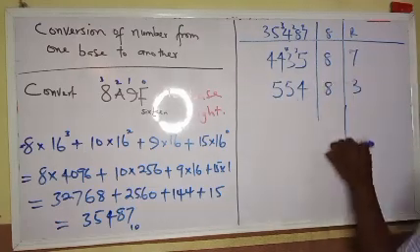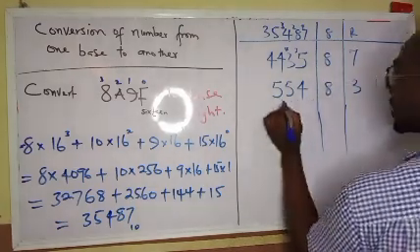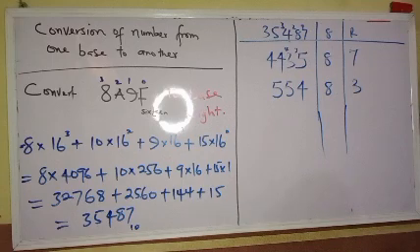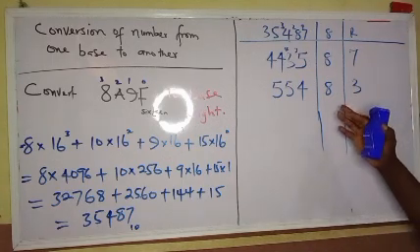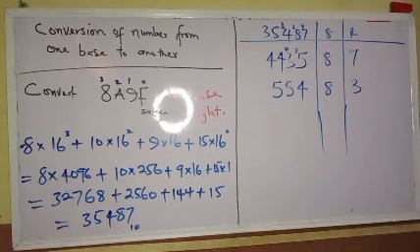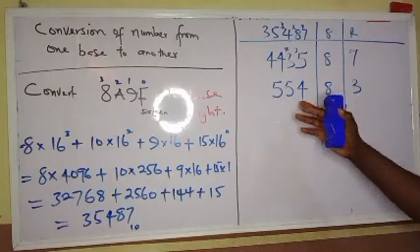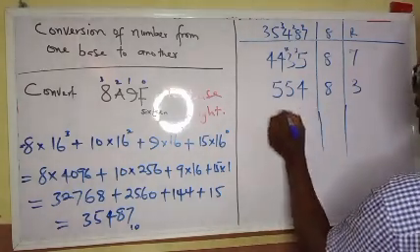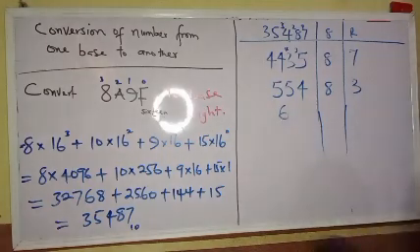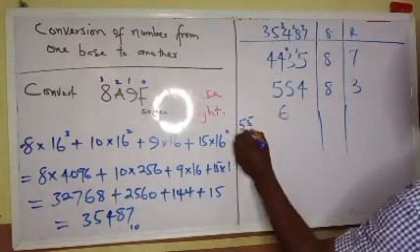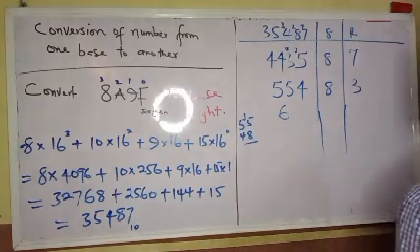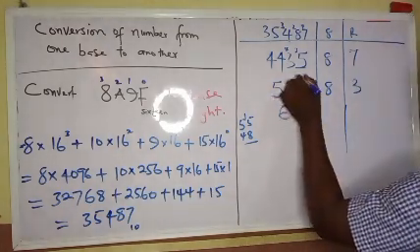We are coming down. How many times do we have 8 in 55? 8 times 7 is 56, so it is 6 times. 6 times 8 is 48, and 48 from 55 is 7. Remainder 7.